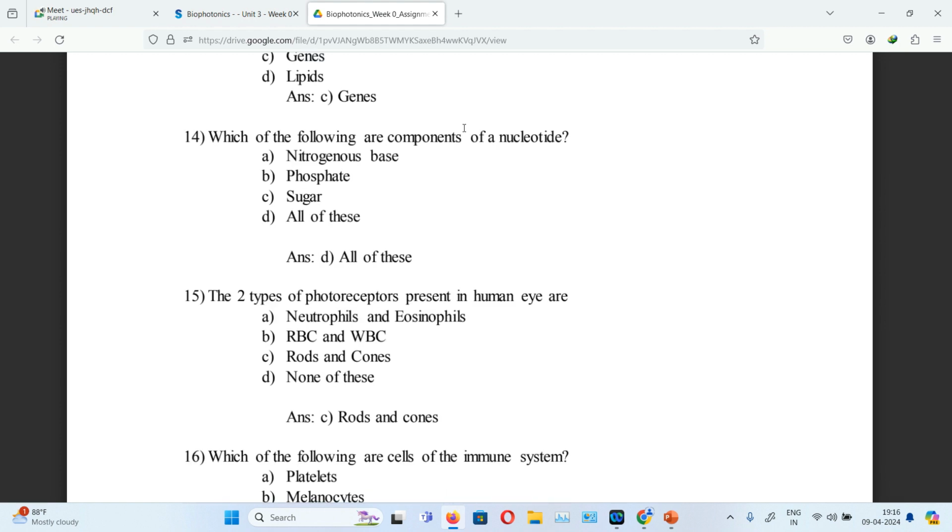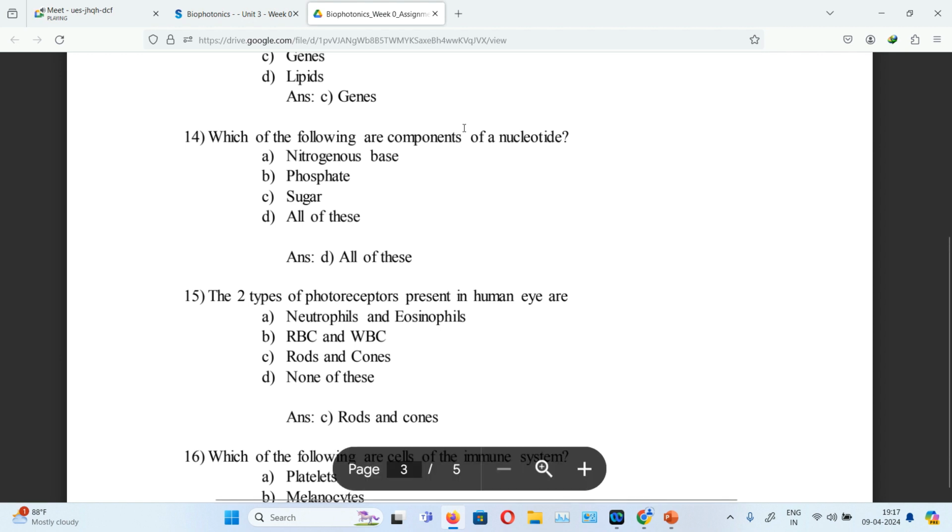Next: the following are components of a nucleotide. A nucleotide is the monomer of long-chain nucleic acids like DNA or RNA. The nucleotide contains a sugar molecule, a phosphate group, and a nitrogen base.